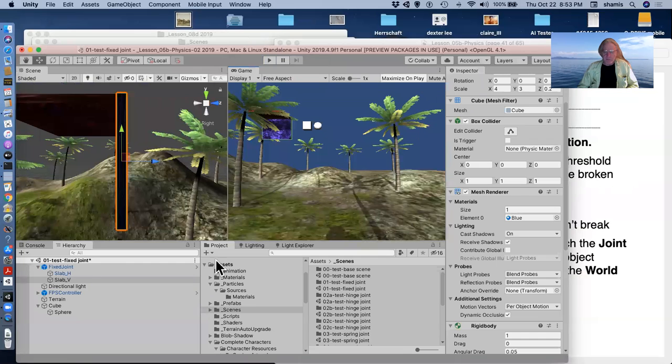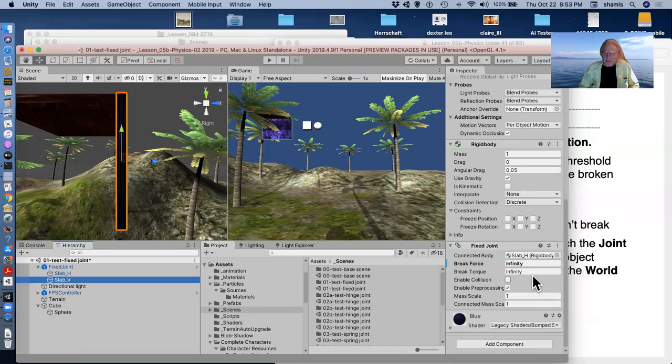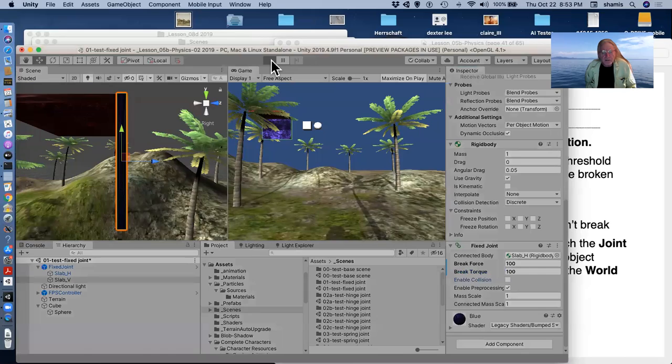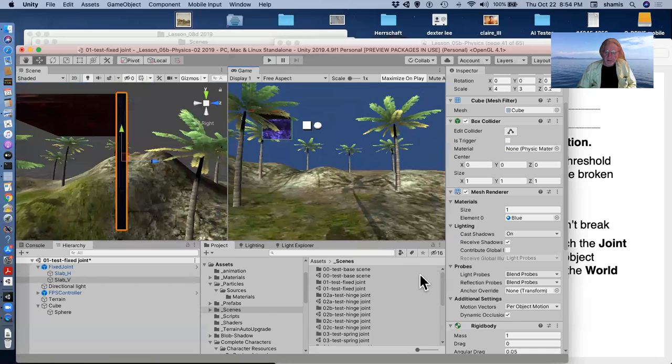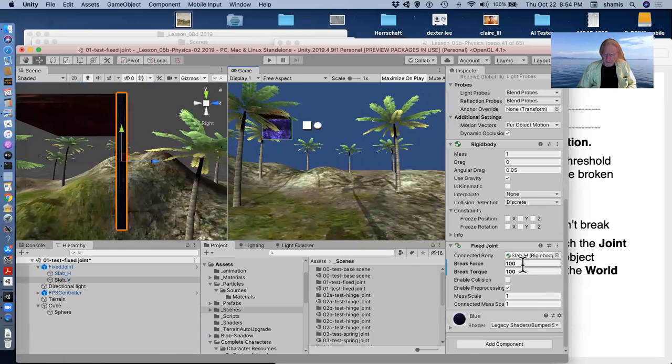If I set this down to 100 and its brake torque to 100, I'm not sure what will happen here. When it hits the ground, this thing may or may not break apart. Yep, it did. So there's the brake torque. So we can make objects that we can blow up and break apart, but that will have some connection to each other through this fixed joint.